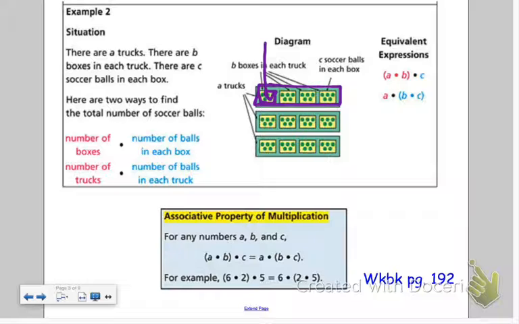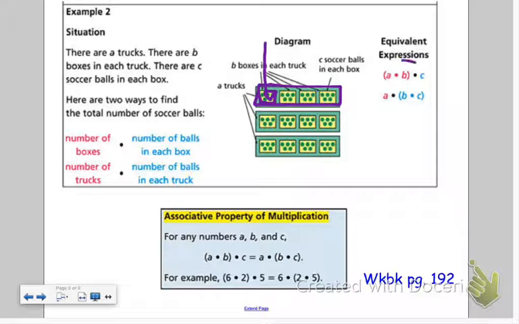Or maybe I'll work backwards. Maybe I'll figure out how many balls are in each box by doing the number of boxes times the number of soccer balls, not in each box, but total. I would have to do the number of boxes times the number of soccer balls, and then eventually times that by the number of trucks.